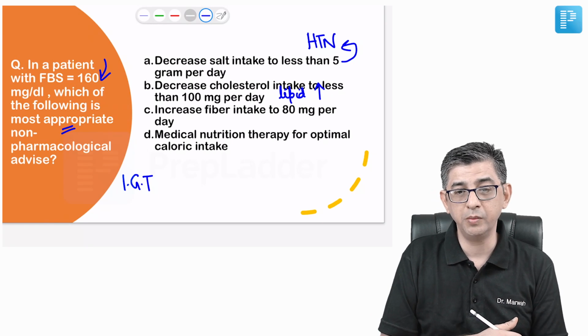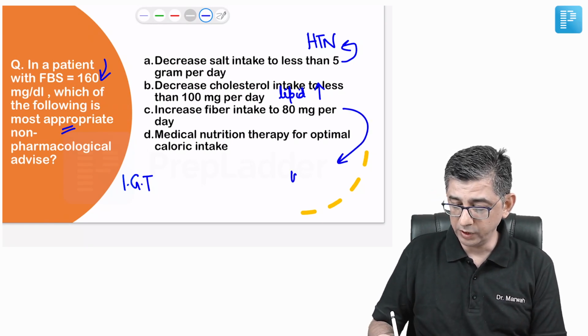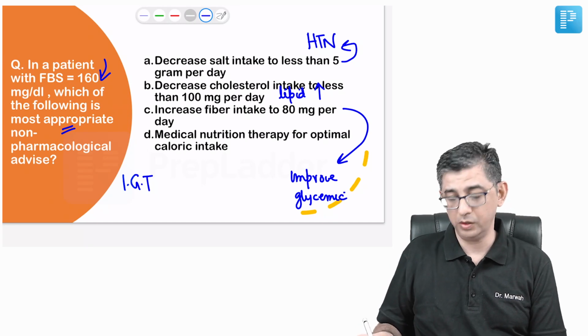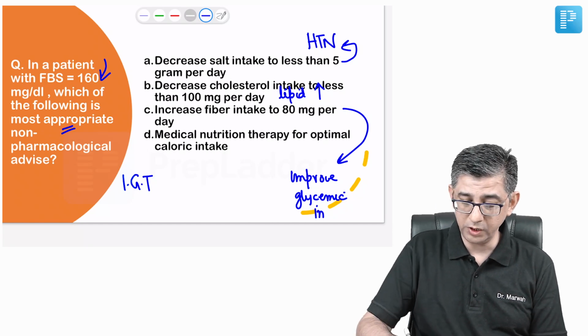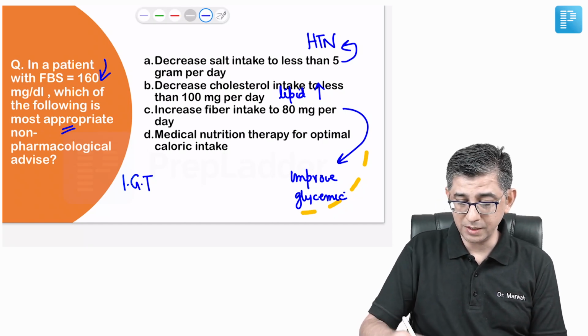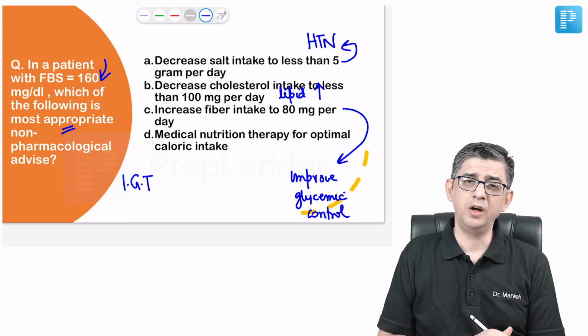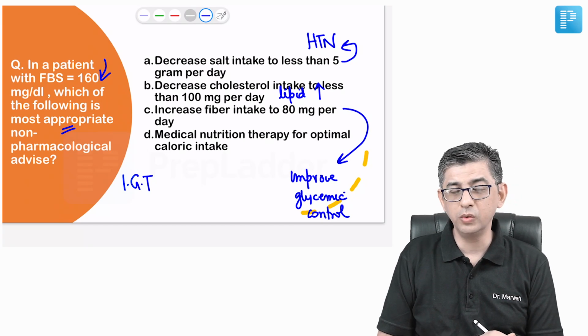C says increase fiber intake to 80 milligram per day. Yes, fiber will definitely improve glycemic control. But fiber alone cannot be consumed in very large amounts because of limitation. Taste factor also comes in. So improving glycemic control is fine. But then, as I said, the main villain in diabetics would be carbonated drinks, so restrict them, especially products which contain sucrose, fructose.